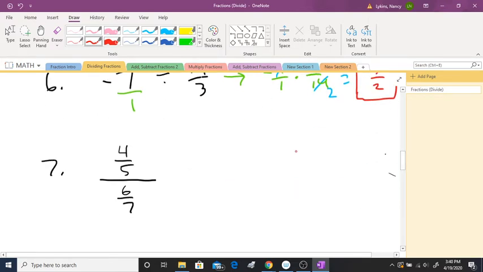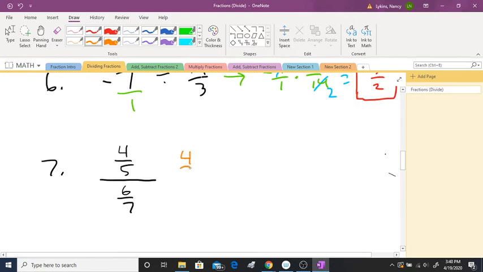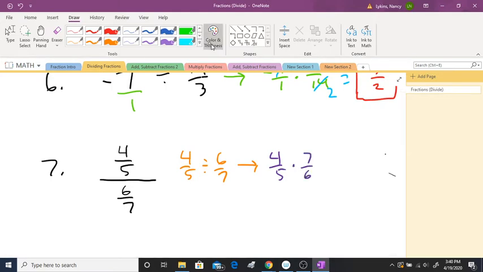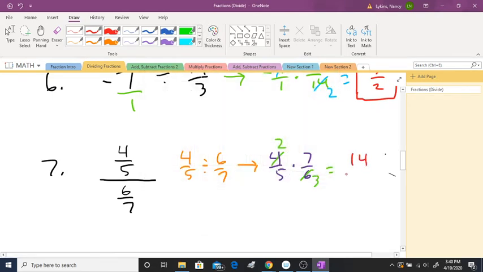Now, sometimes it's written like this. This is the same thing as 4/5 divided by 6/7. So we can treat this just like what we normally have been doing. All I'm going to do is take 4/5, keep it the same, and then flip the fraction. Then 2 goes into 4 twice, 2 goes into 6 3 times. Then 2 times 7 is 14, and 5 times 3 is 15.